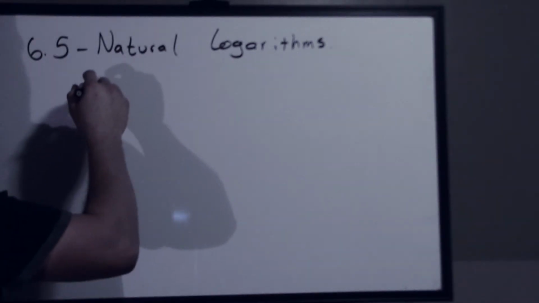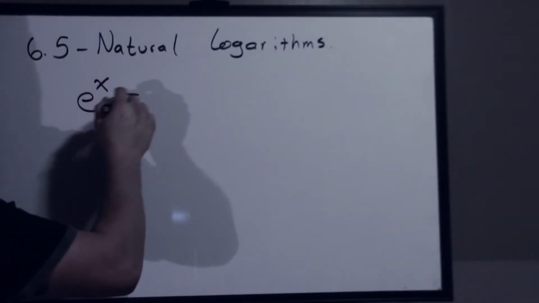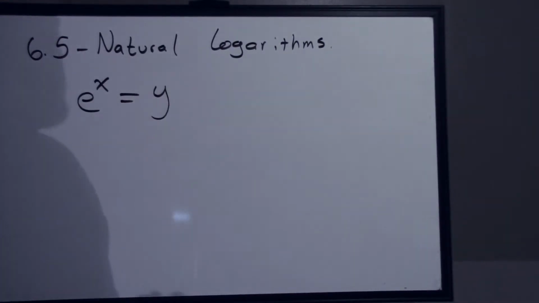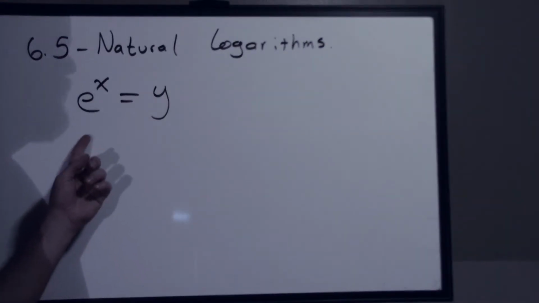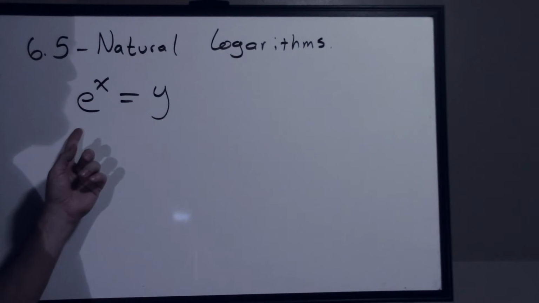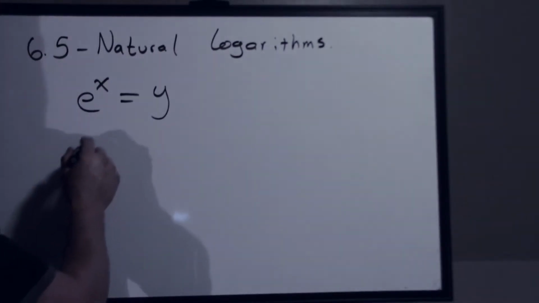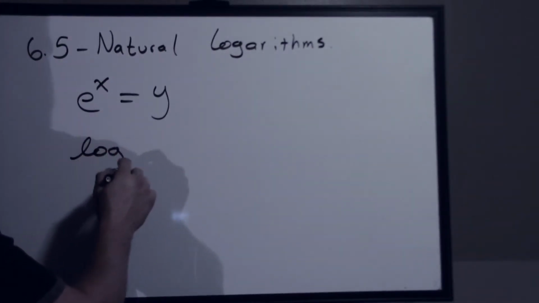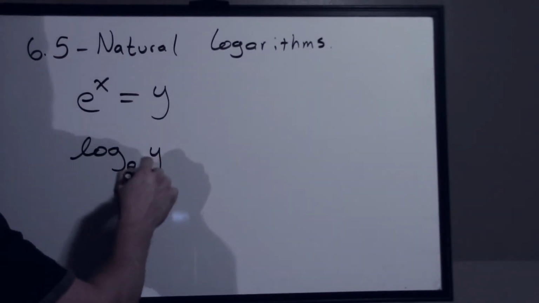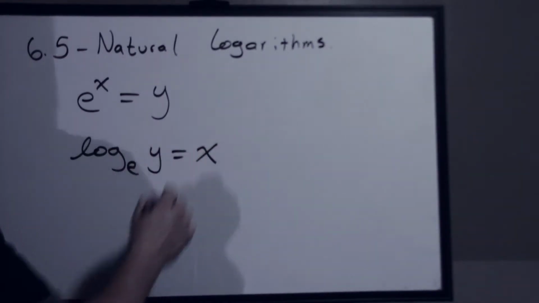But if I have, let's say, e to the x equals y, I can rewrite this as a natural logarithm, a logarithm base e. So it's log base e of y is equal to x, right?